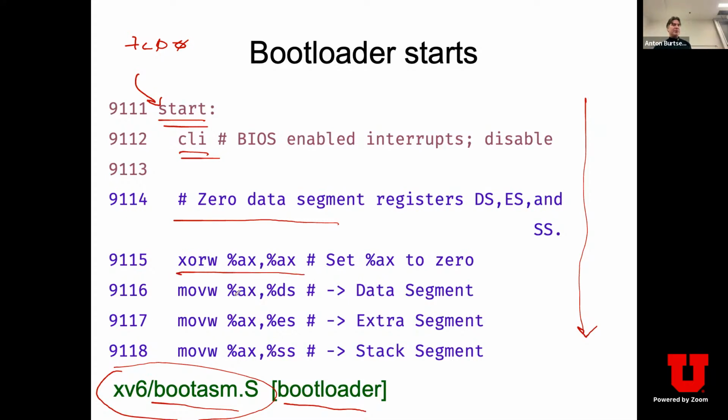Essentially we use the XOR instruction and zero out the EAX register. And then we move EAX into the data segment, extra segment, stack segment, stuff like that. So essentially just making sure that the environment is clean, right?